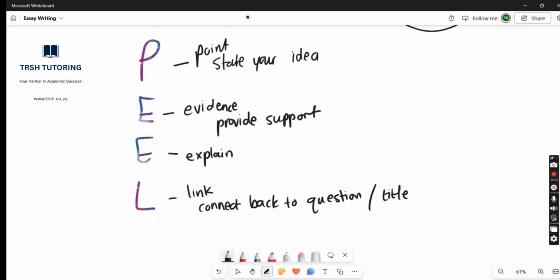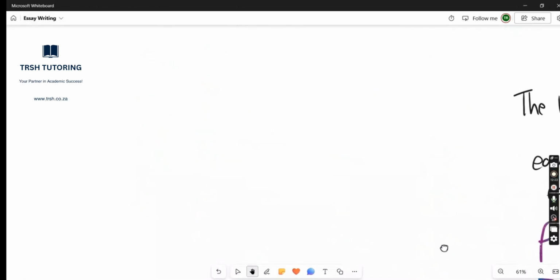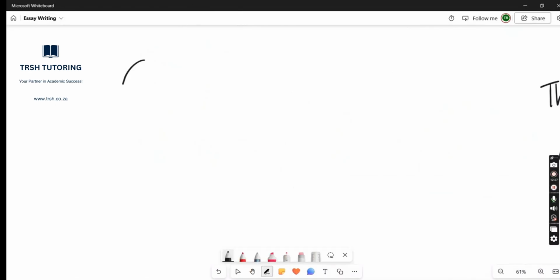That is my point. And then the next thing is the bottom bun. When we're talking about the bottom bun, we're talking about the conclusion. Whenever we're talking about this, you need to restate your argument.